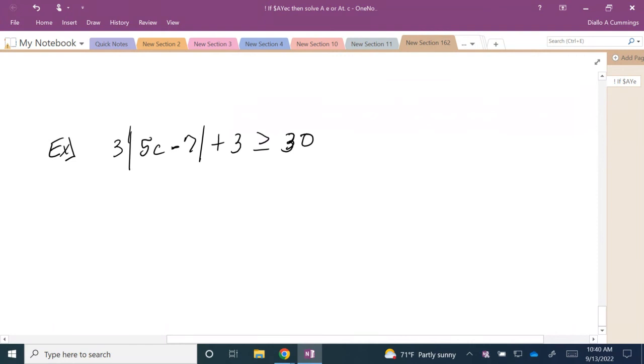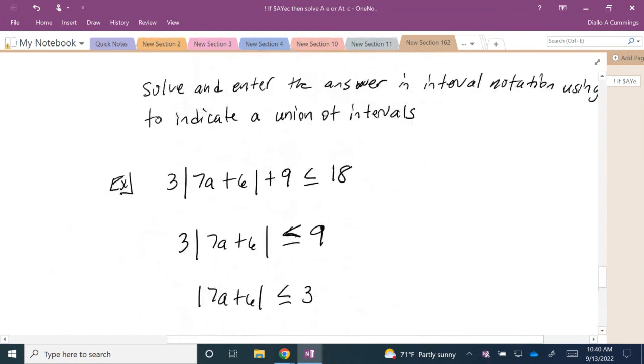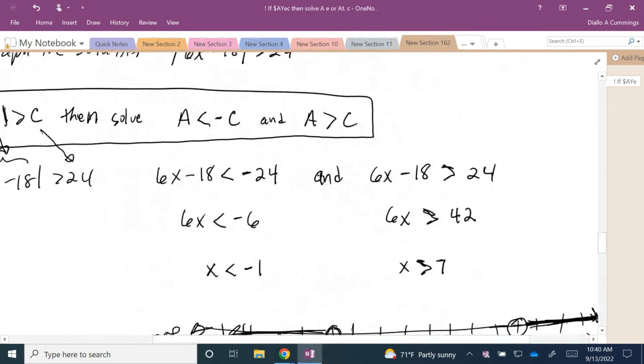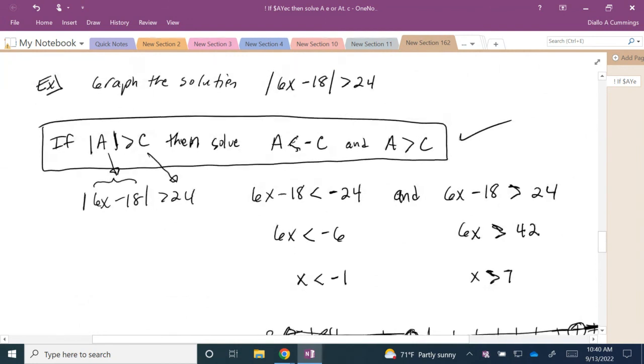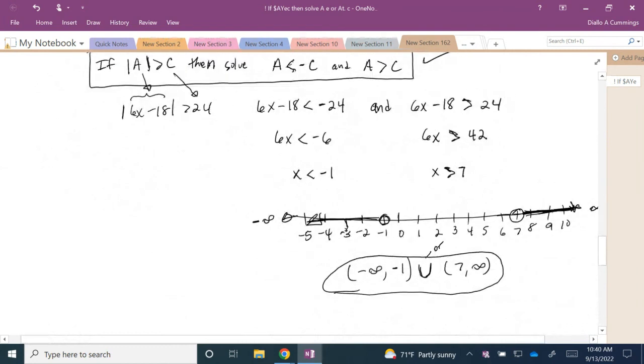To solve this one, you want to use the greater than or greater than or equal to formula, which is this one. I would actually write it out this way with the less than and negative c, because when you solve it and graph it and write it in interval notation, that graph smoothly follows with interval notation.